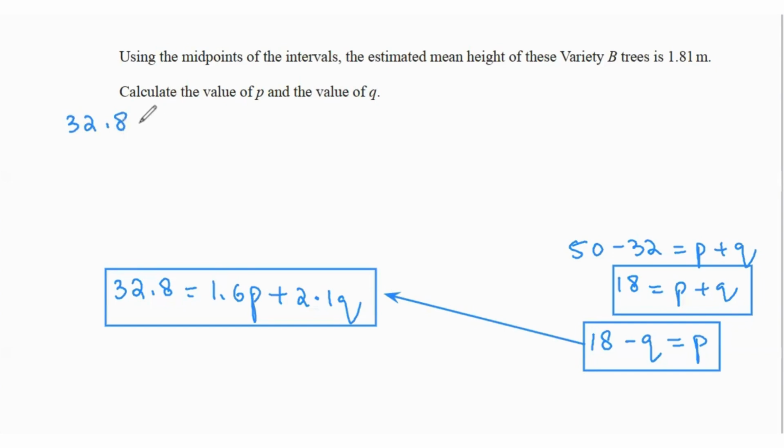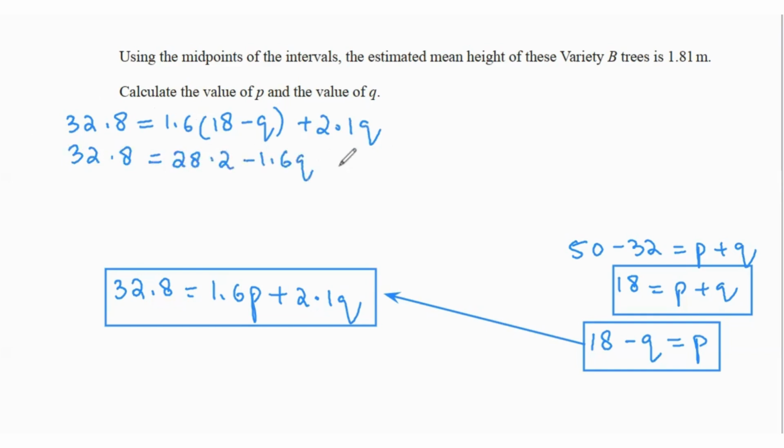32.8 equals to 1.6 times 18 minus q plus 2.1q. 32.8 equals to 28.8 minus 1.6q plus 2.1q. 32.8 minus 28.8 equals to 0.5q.